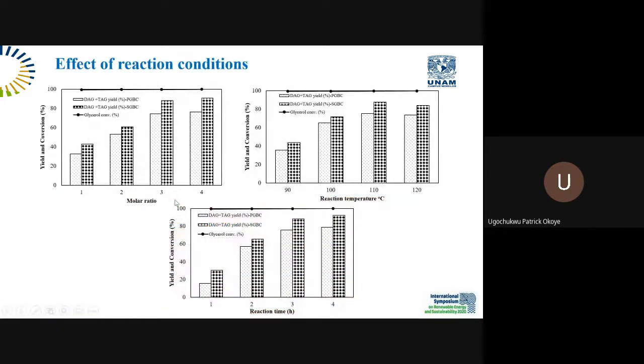The effects of reaction conditions show that the molar ratio, reaction temperature, and the reaction time contributed immensely to propagation of this reaction. In fact, we can see vividly that as the molar ratio increases from 1 to 4, the yield of triacetylglycerol and diacetylglycerol, and as well the conversion, is almost constant.